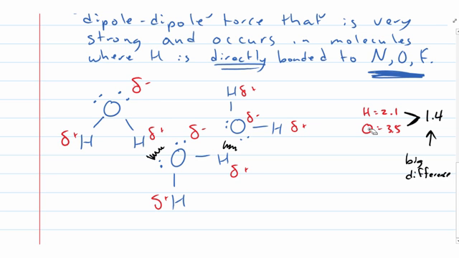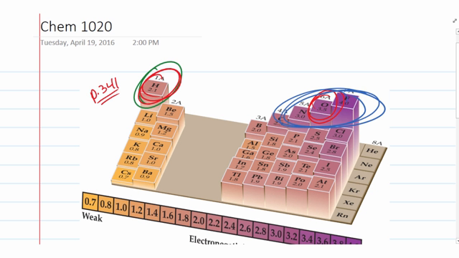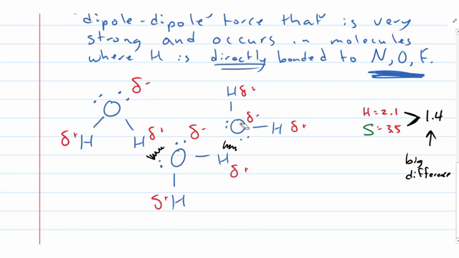Now we compare it, instead, let's say we replace this oxygen with something like sulfur, which has an electronegativity of 2.5. The shapes of these molecules are all going to be identical, except instead of having oxygen in here, we now have sulfur in there.